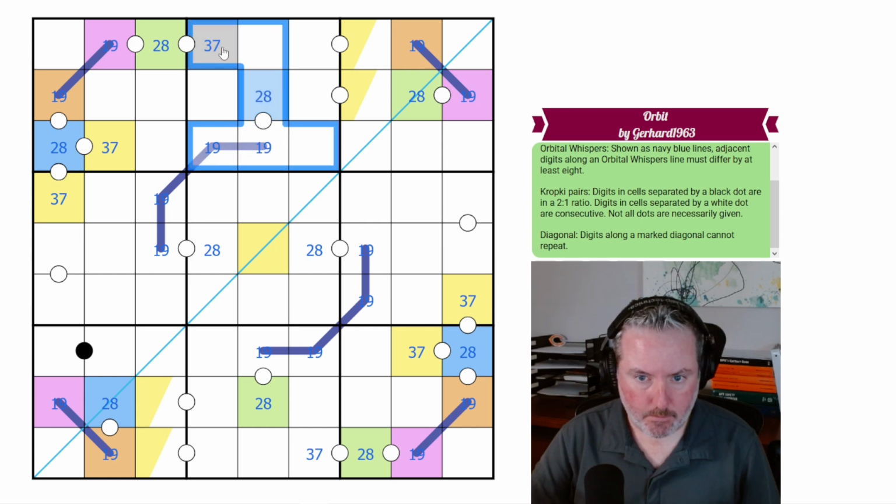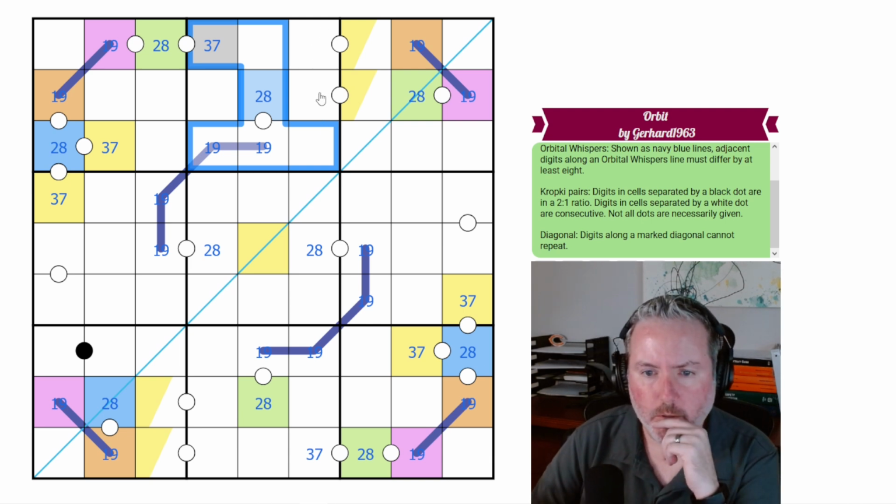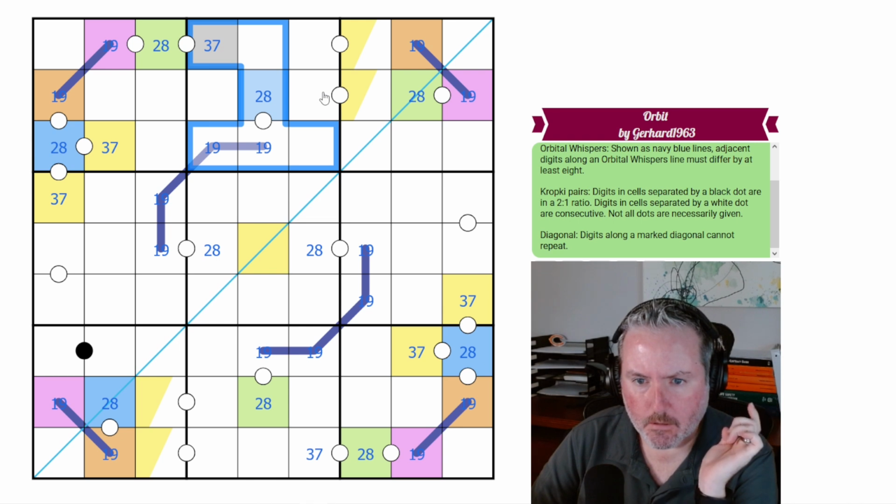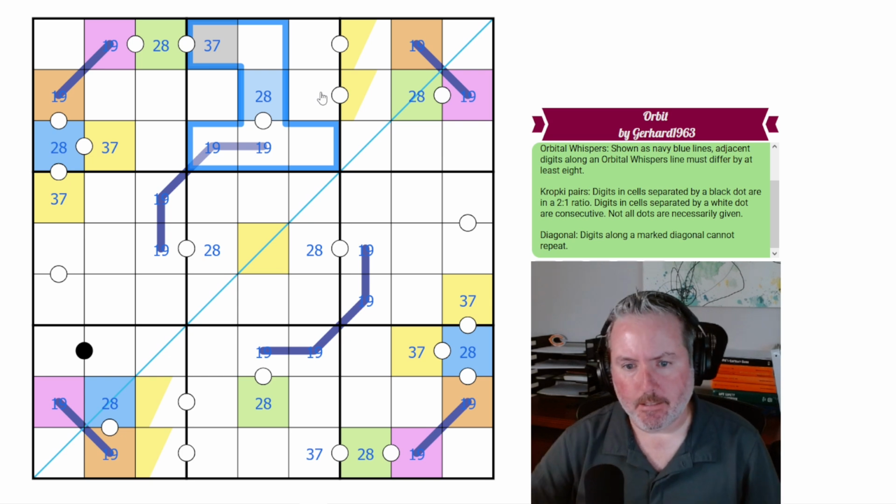We know none of these are 3-7s. Is it possible that either one of these could be a yellow 3-7? Because I think the answer is sadly yes. Yeah, it does seem like it is.